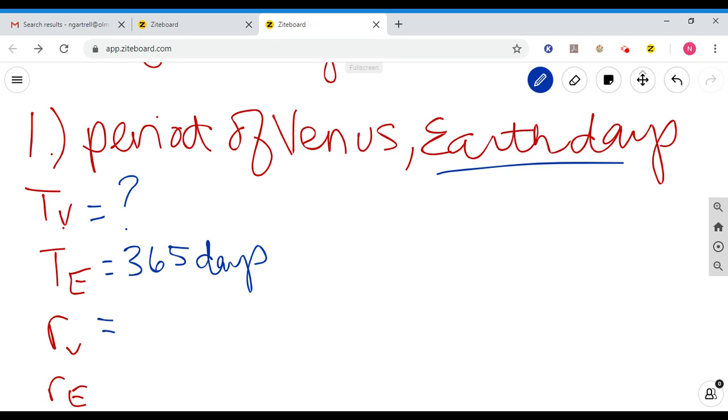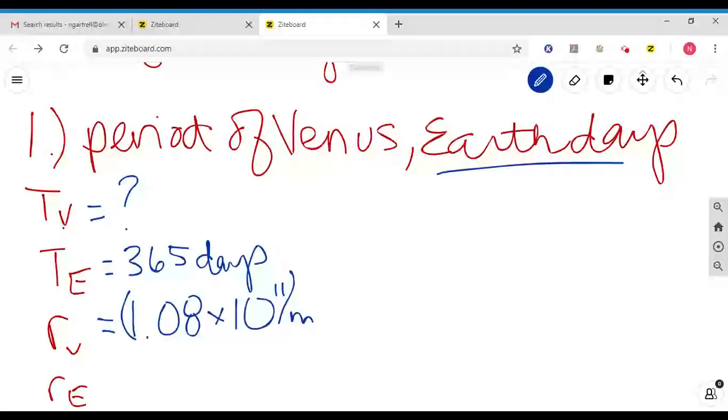For the R sub V, you have to look at the third column in the book because we're comparing their rotation from the sun. So it's 1.08 times 10 to the 11th meter. You don't really need to put the label meter. And remember that scientific notation goes in parentheses. Maybe some of you are starting to get some of these numbers drilled into your head.